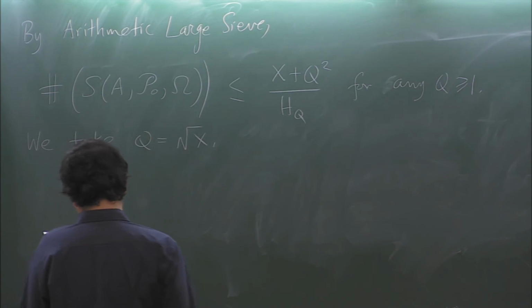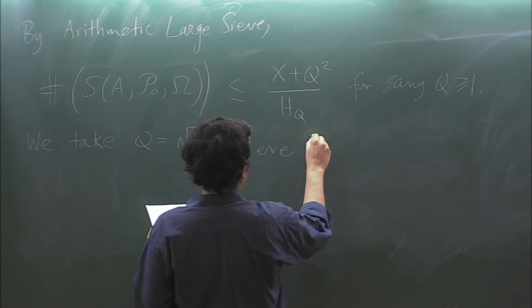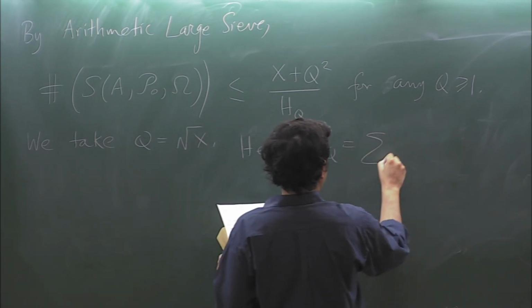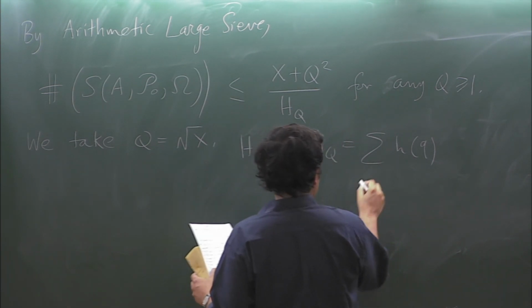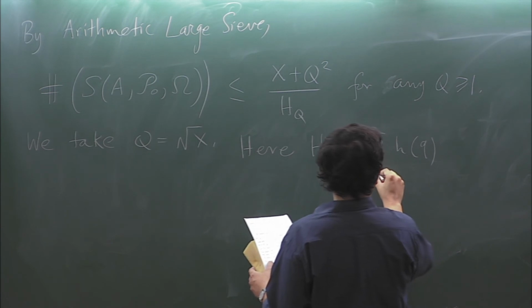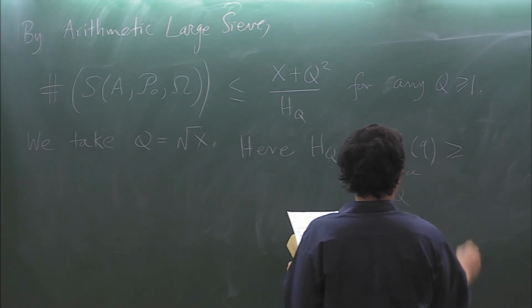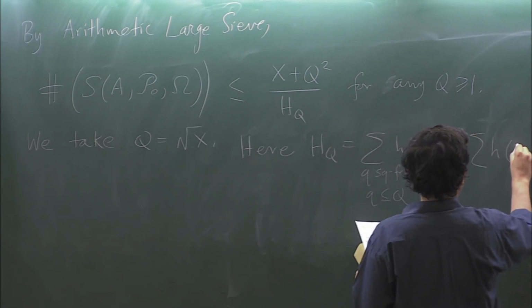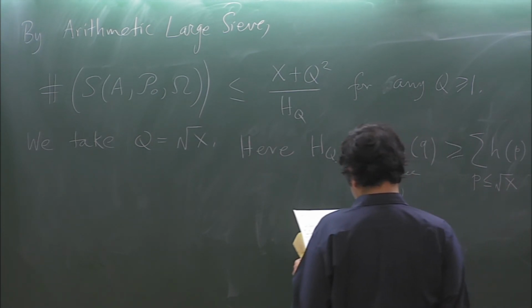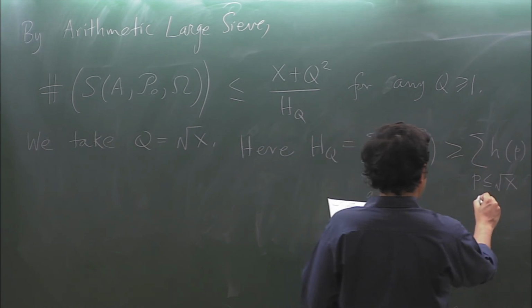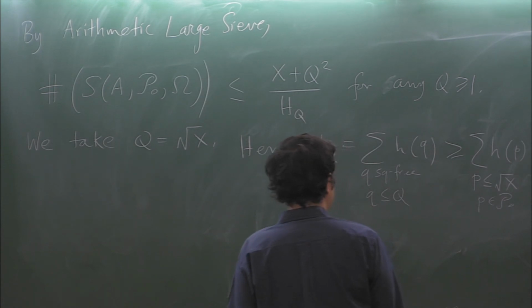So the numerator will be 2x. And here H_Q, recall, is the sum of H of small q. So let's do that. H_Q, q square free, q up to Q, is greater than or equal to the sum of H_p, with Q being root x. And p has to be in P naught, otherwise it will be 0.